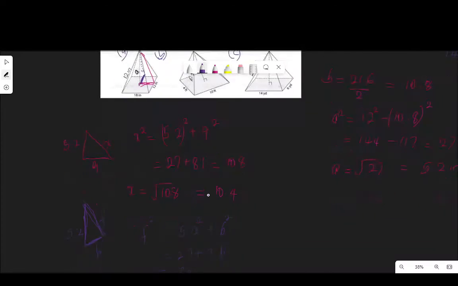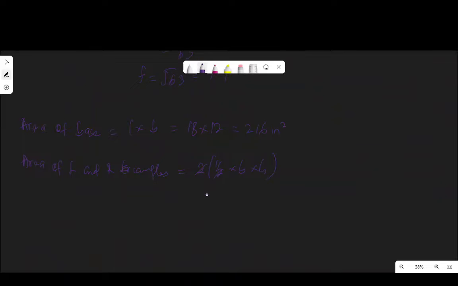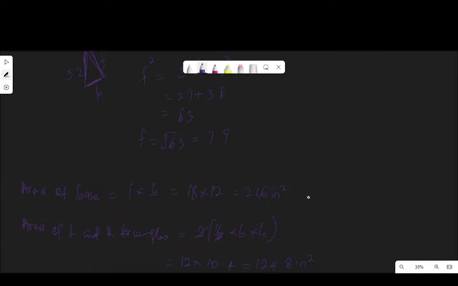So 12 times 10.4 is 124.8. 124.8 inches square as the area of the left and right triangles.